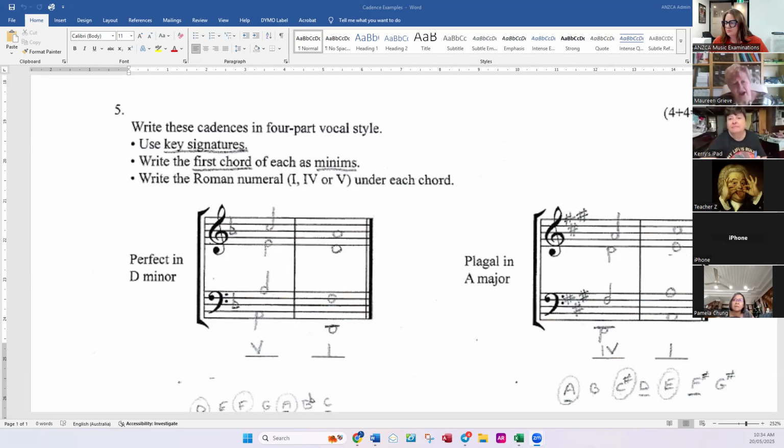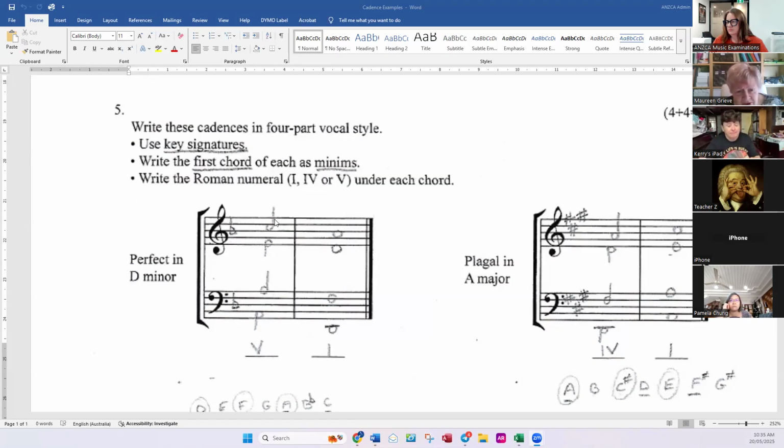Absolutely. It's a perfect cadence in D minor. There should be absolute red flags waving in front of the students when they see a perfect cadence in a minor key, because they have to use the leading note sharp in this case, and the leading note needs to rise to the tonic, which it doesn't.